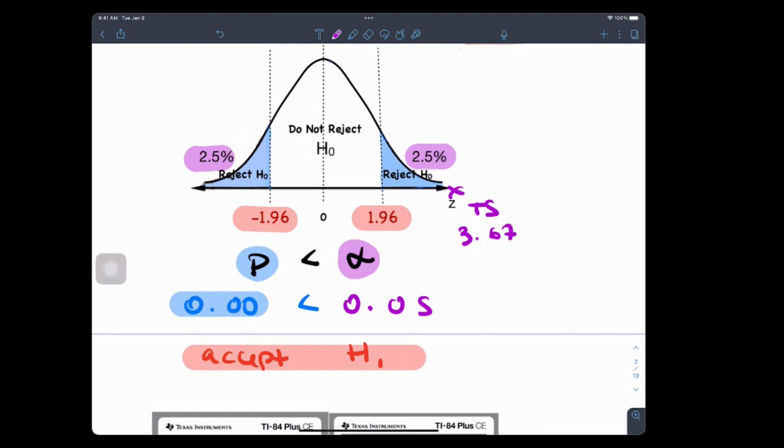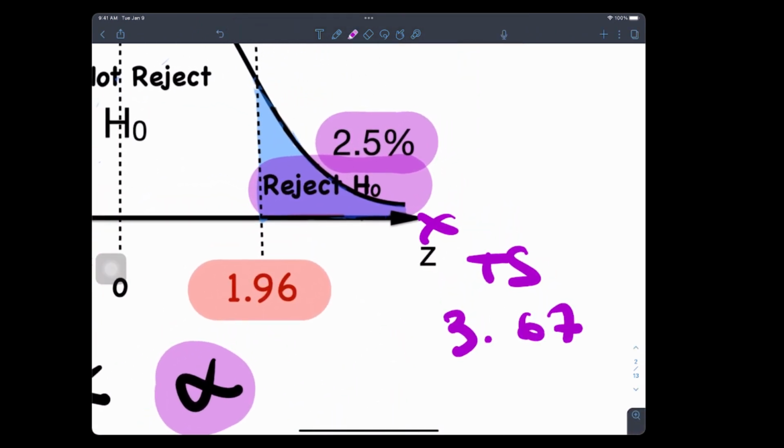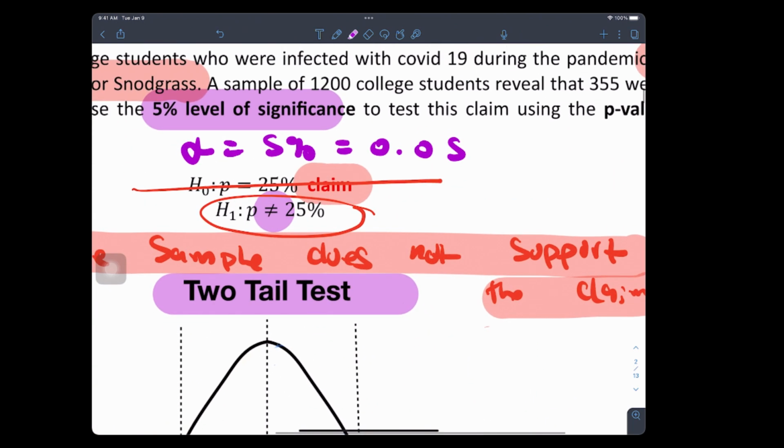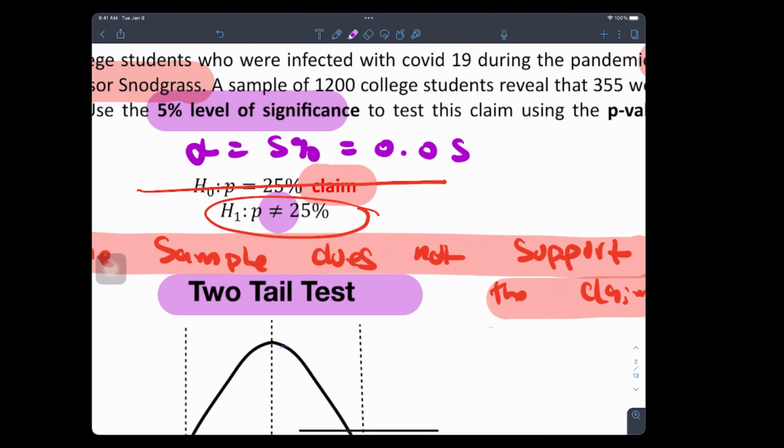What neighborhood is it on? You're rejecting the null. Isn't that what you just did right here? Didn't you just reject the null? So my point is, ladies and gentlemen, the p-value method is thought of as the modern method. It's a little bit of a shortcut from the traditional method.